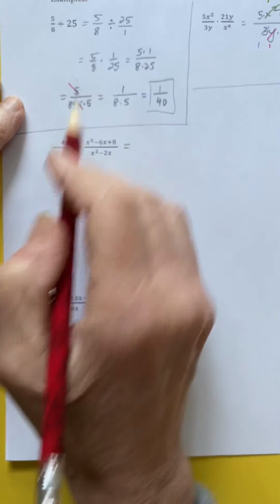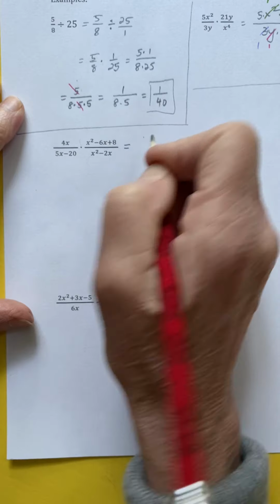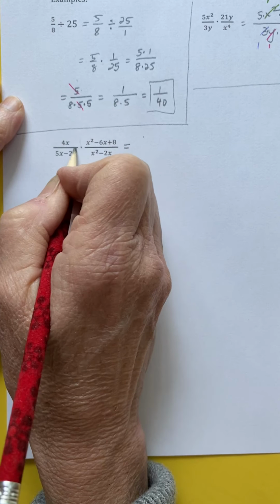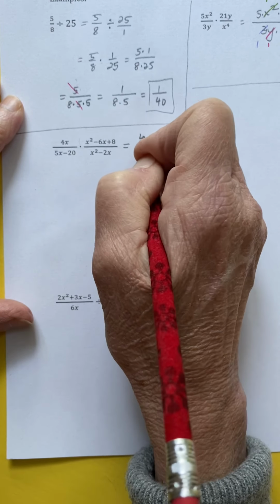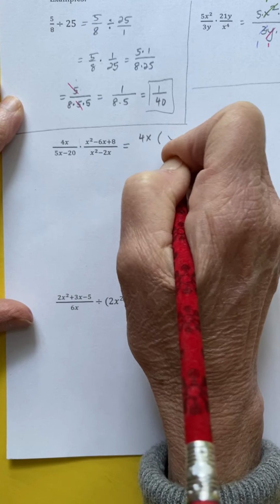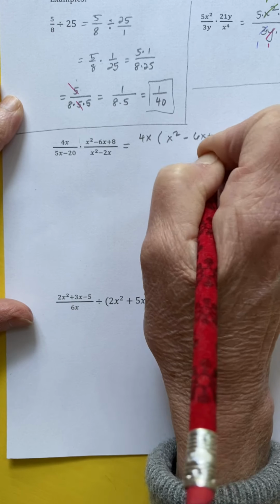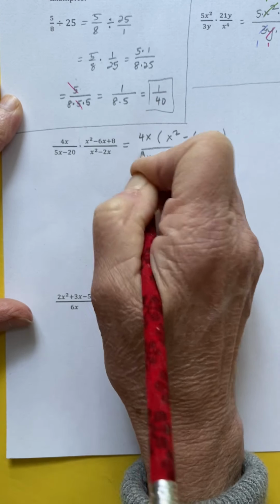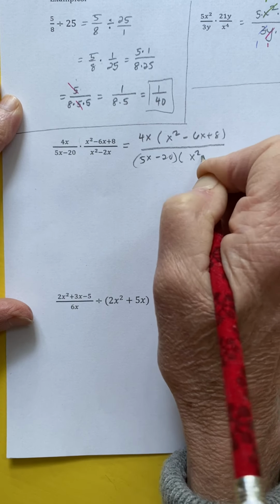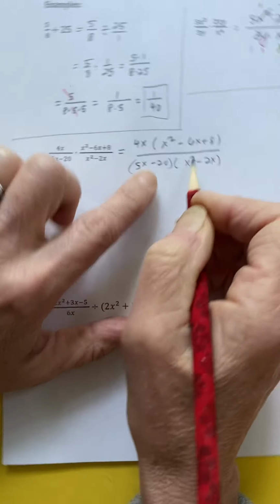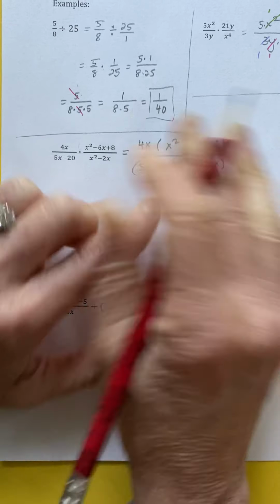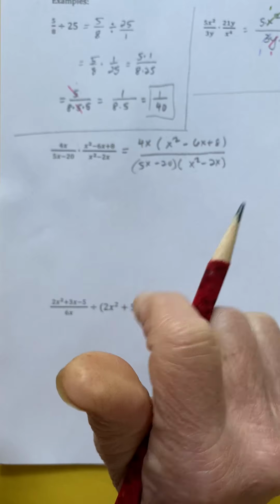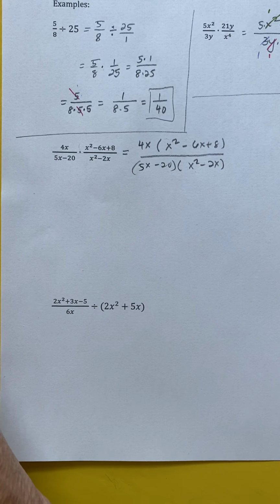Just remember the rule is that it's 4x times, I can just make a single bar here and say this is 4x, if I want, times x squared minus 6x plus 8 over 5x minus 20 times x squared minus 2x. But don't FOIL the bottom and don't distribute the 4x in. I don't want you to do that, okay? Because you're going to have to factor it back out anyway.